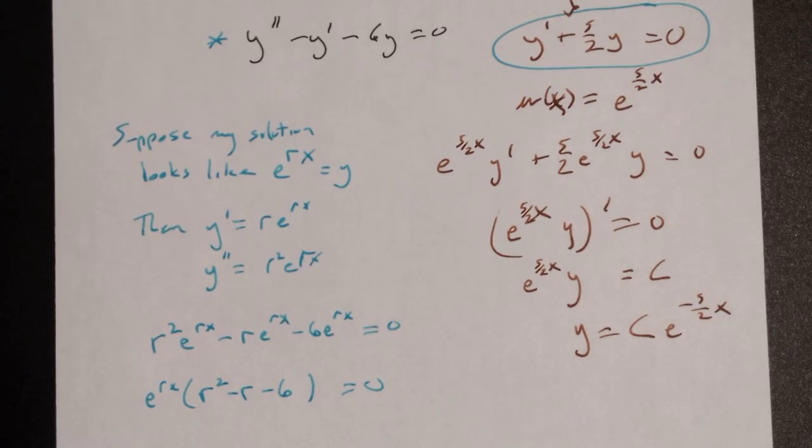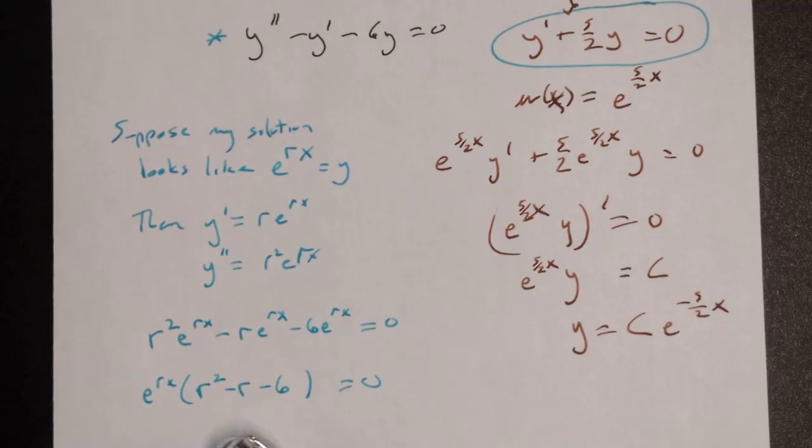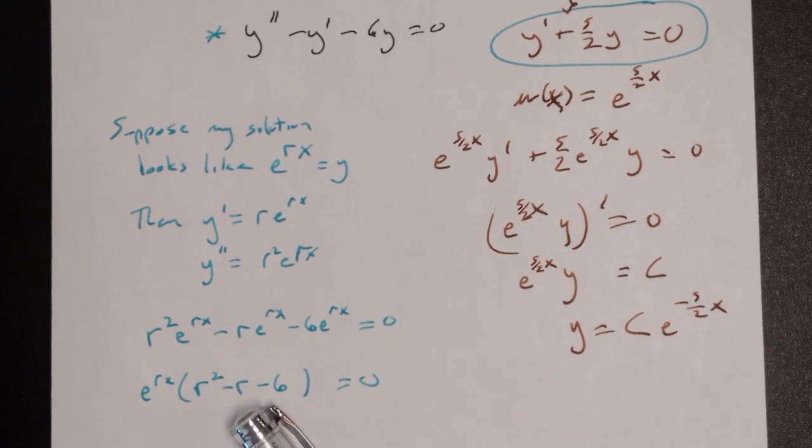And take a look at that quadratic right there. I know an exponential is never 0. E to the thing is never equal to 0. So the only way for this whole expression to be 0 is for that quadratic to be 0.